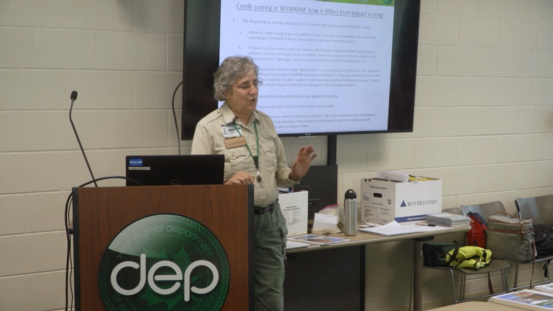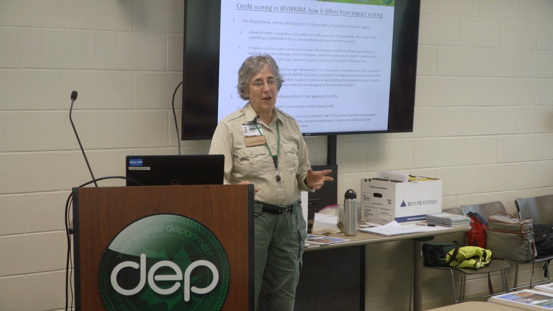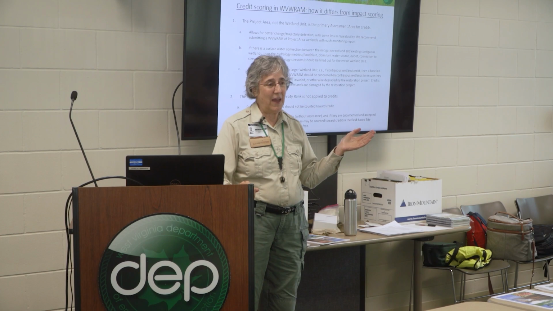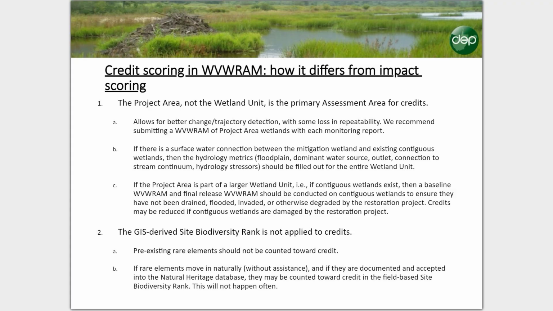There are two things that are different about scoring for credits versus scoring for debits or impacts. We talked about these briefly yesterday. One is the assessment area. When you're doing a mitigation project, the assessment area is the project area. It's not the entire wetland unit, although much of the time the project area on a restoration site is the wetland unit.